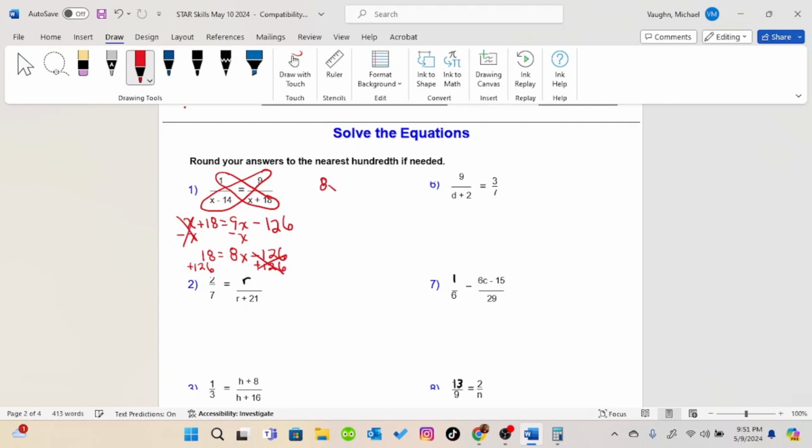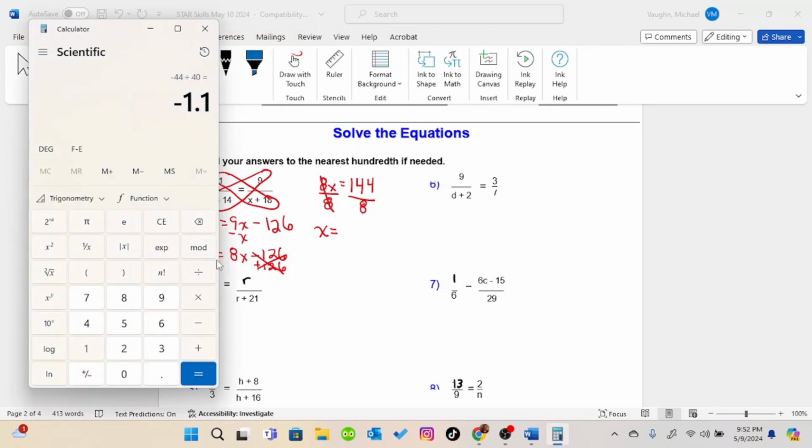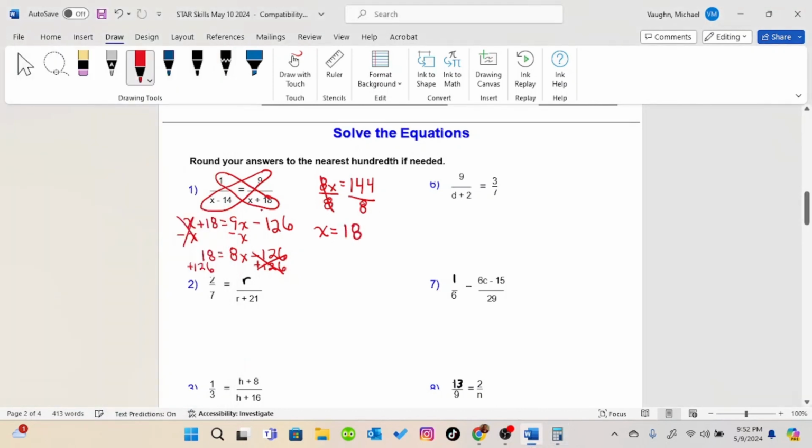Now we have 8x equals 144. We divide both sides by 8. And x equals 144 divided by 8 is 18. So our answer would be x equals 18.